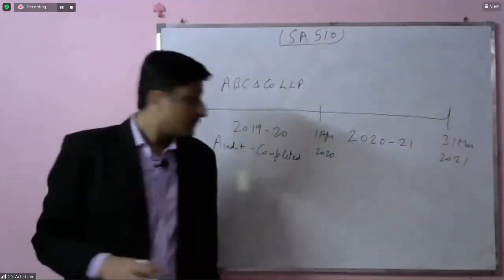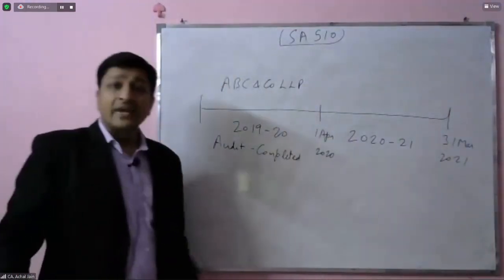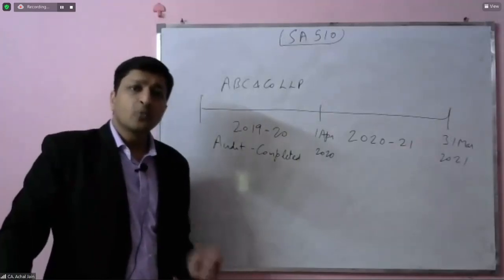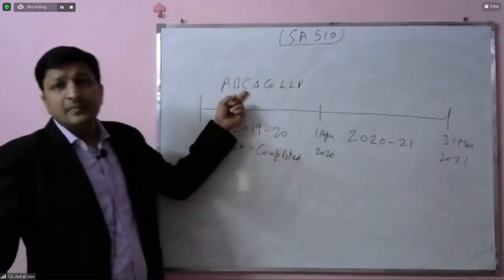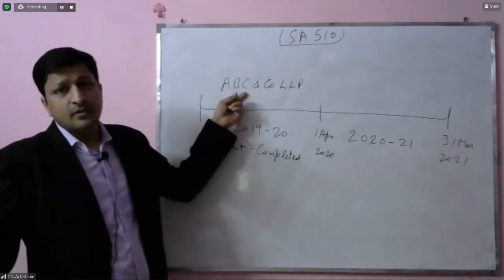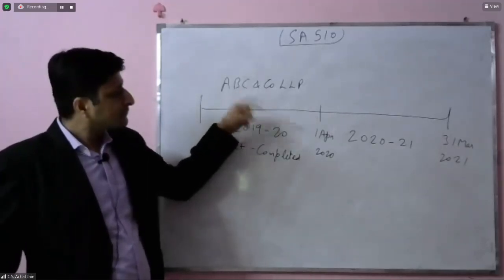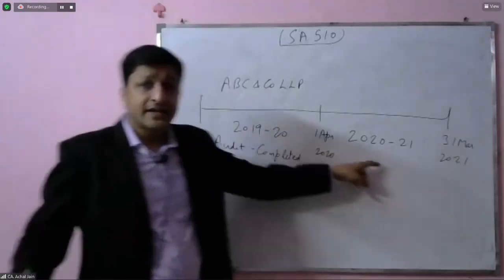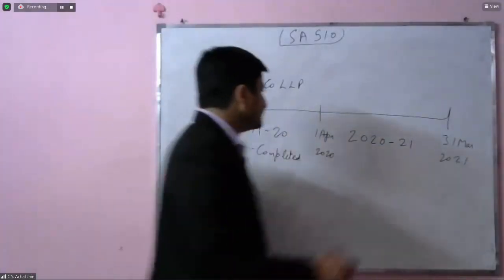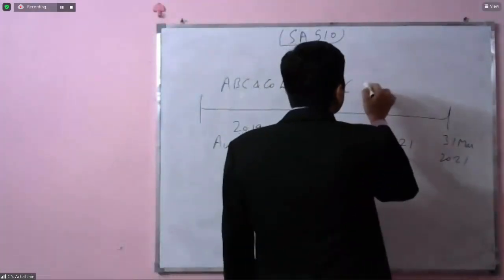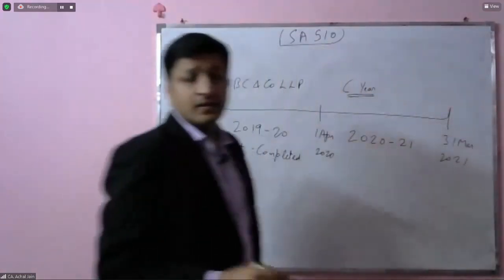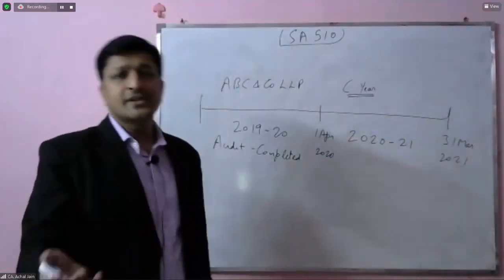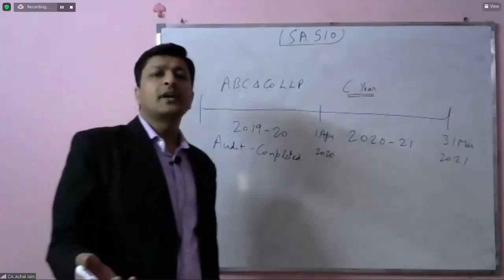Now, when it comes to the predecessor auditor, who is the predecessor auditor? ABC and Company LLP will be called the predecessor auditor or previous auditor. Now, this is the current year. For the current year, the company has changed its auditor, so a new auditor has come in.